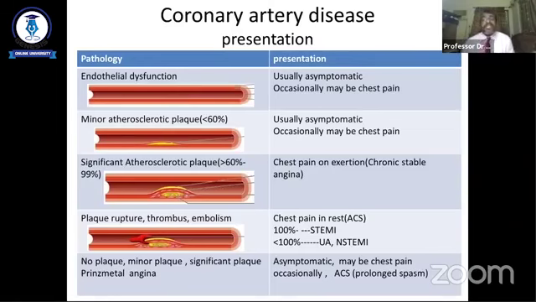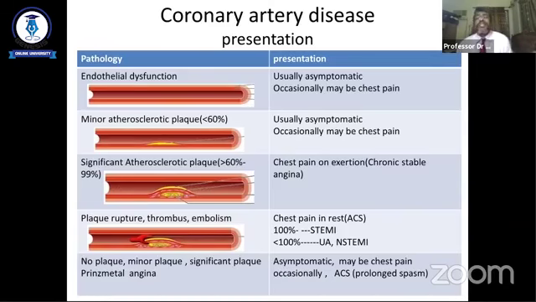So what are the characteristics of unstable angina? When we consider ECG changes, unstable angina may have a normal ECG or there may be some ST depression or T inversion, but in these cases the cardiac enzymes may be normal or mildly elevated.